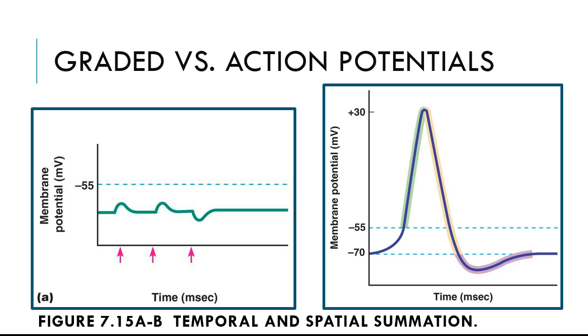Only if threshold voltage is met will the cell generate an action potential. Can you see that visual difference between the two? So the question is, if a graded potential doesn't generate an action potential, why do we even study them? Why do they exist? Does anybody know why these things exist? Why might there be a graded potential?